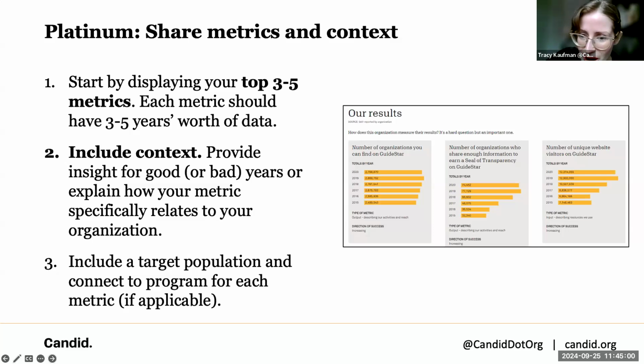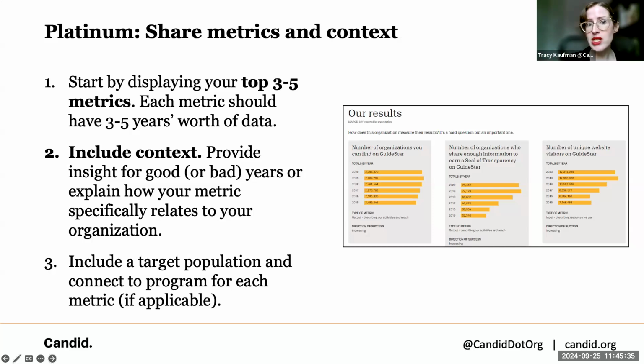And you're seeing, for instance, how many people are visiting GuideStar and looking at profiles? And you can see between 2015 and today, that number keeps growing and growing. Who has seals of transparency on GuideStar? You can see that number growing, but you can also include context notes if you need to. If you ever have a strange year where your outcomes were either unusually bad or in some cases unusually good, and you want to be able to explain why.